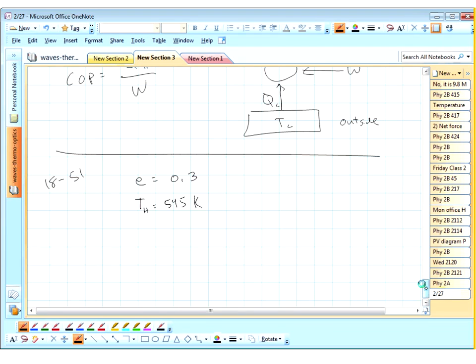They tell us Carnot. When it says Carnot engine, that means this is the maximum efficiency process we can have. And we know this equation.